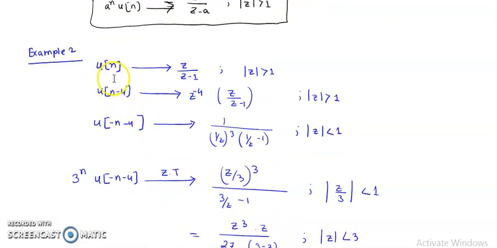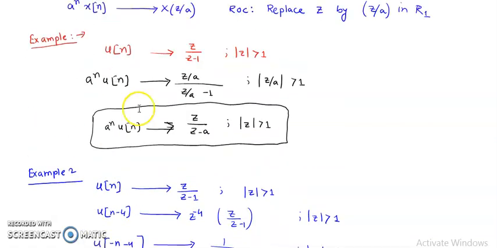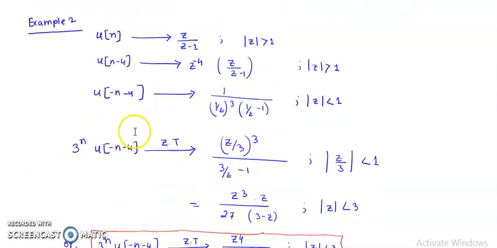Next, if we take this example, same example we are taking, we are extending this unit step signal. So its Z transform is given by z/(z-1). So this is standard. Now if we do this time shifting operation here, so if we shift the time, then we multiply by z to the power minus n naught to X(z).